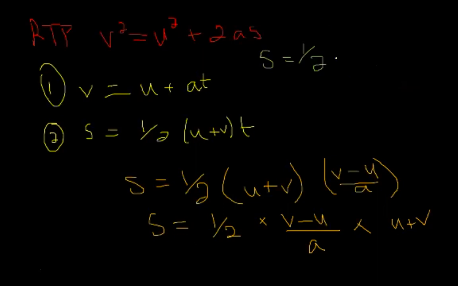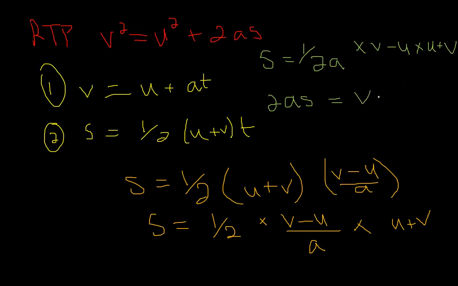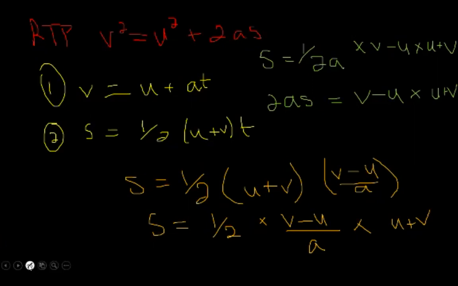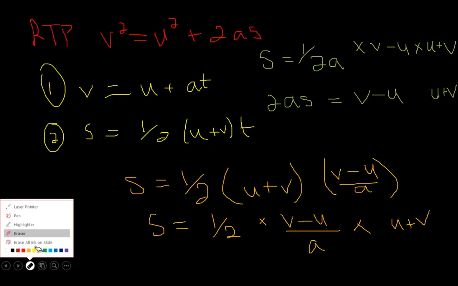Okay, so I can actually say that this is 2a times v minus u multiplied by u plus v. This would become 2as is equal to v minus u multiplied by u plus v. Let me use the brackets in this case. It might be easier for you to pick up on what's going on.